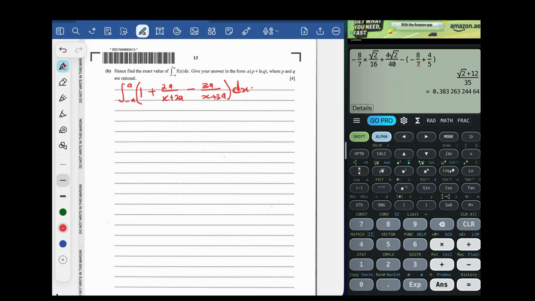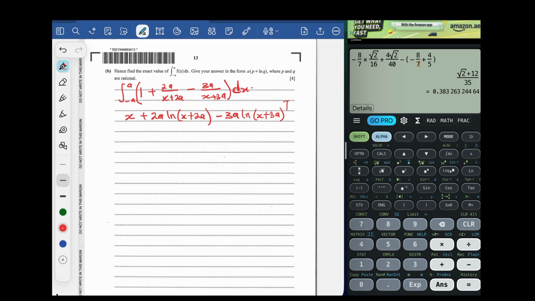So what is the first thing we are going to do? This is just direct integration. This is x plus 2a ln x plus 2a minus 3a ln x plus 3a.